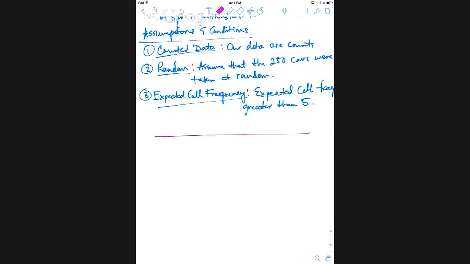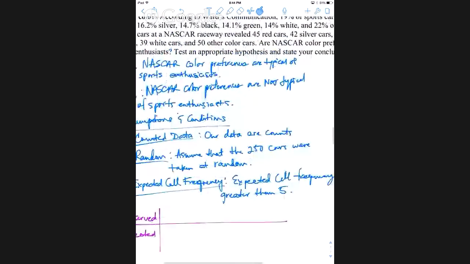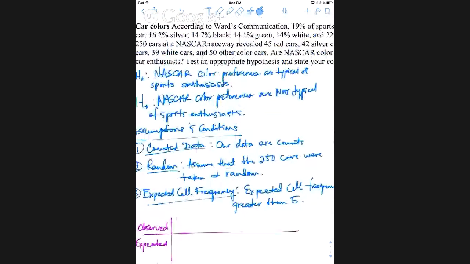So we're going to make a little table here of our observed and expected. All right, so we're going to take our observed numbers. Let me title these up here.